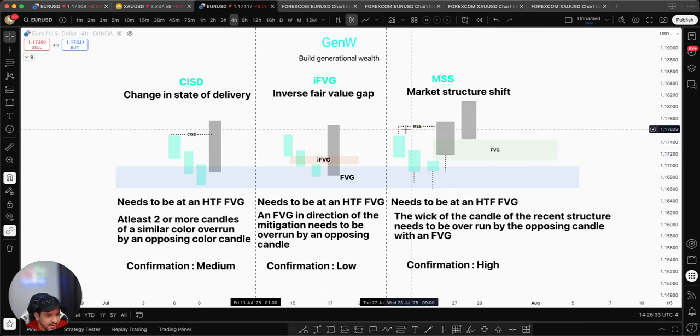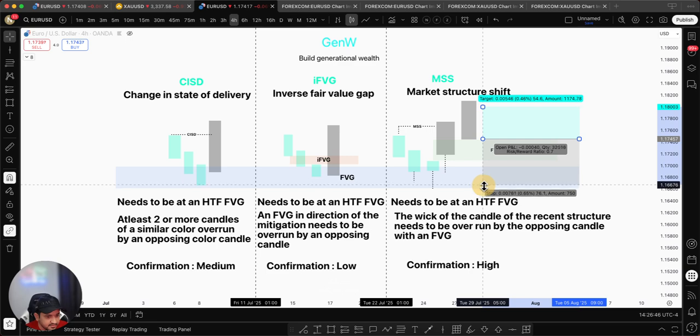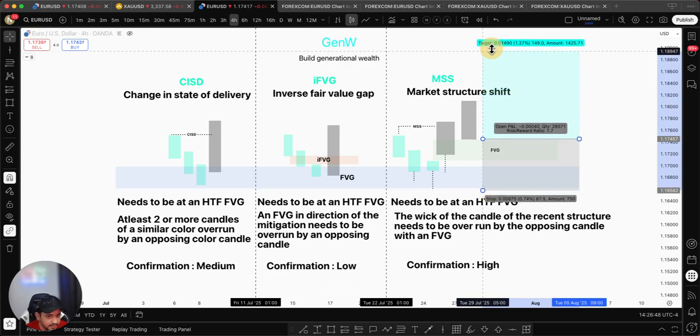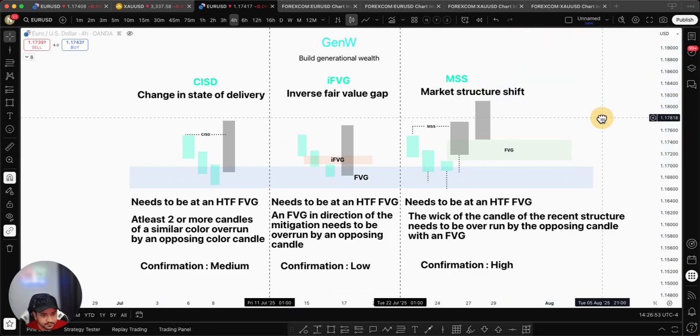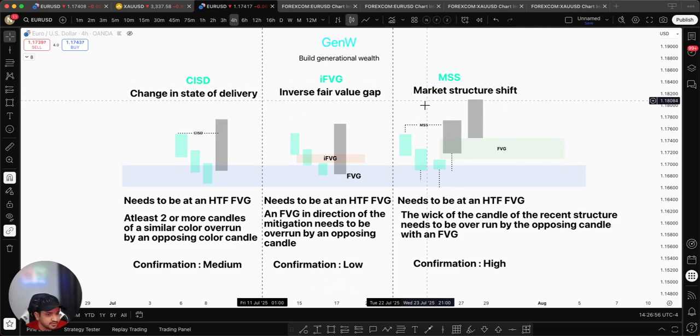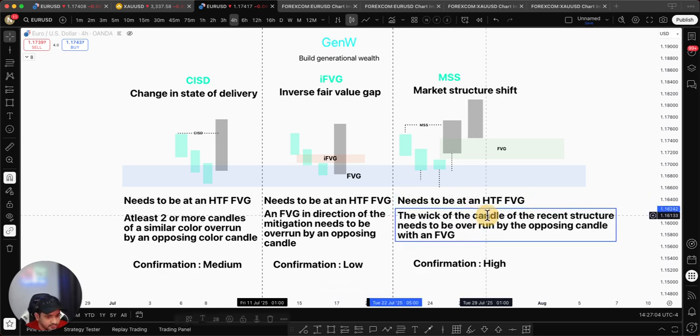Once you identify that a market structure shift has occurred and there's a fair value gap within the market structure shift, what you can go ahead and do is place your order at the fair value gap starting point, cover the low, and then again target a 2 hour. So this is how market structure shift works. As I said, my favorite entry model because this gives the maximum confirmation that your structure has shifted at the HTF POI. The wick of the candle of the recent structure needs to be overrun by an opposing candle with an FVG. So these are the three entry models.